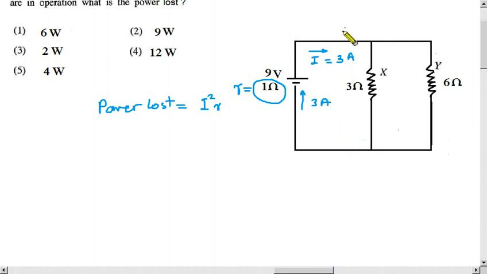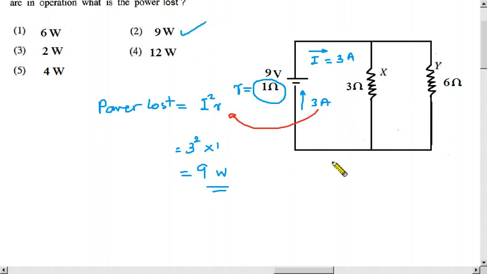So we can use it directly in this equation, because through this internal resistor the current is that one. So power lost equals therefore 3 squared times 1, so 9 watt. This one is the answer.